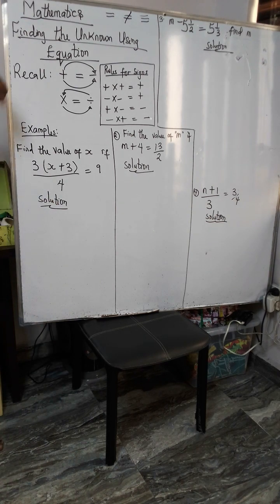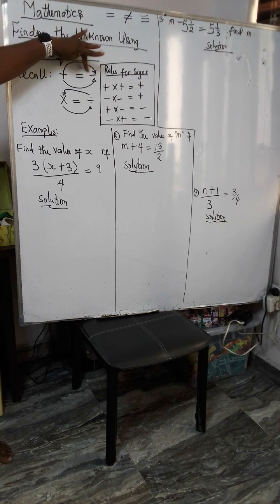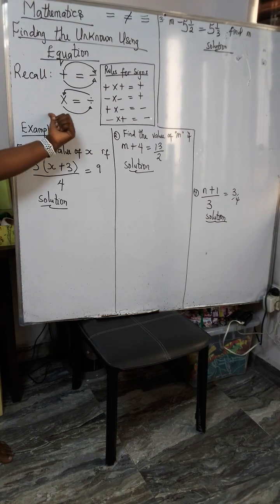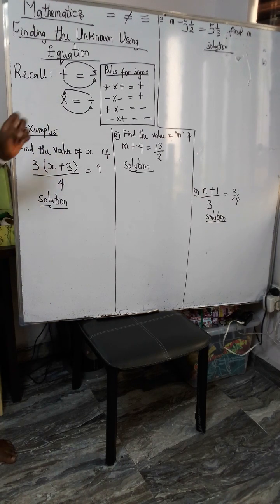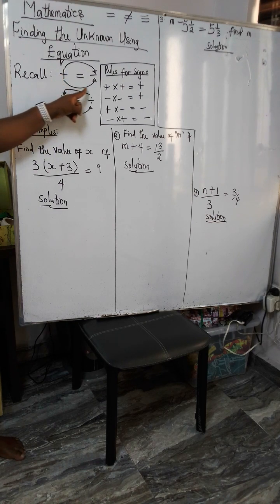Alright. So these are the things I want us to take note of. These are the 4 basic operations we carry out in mathematics: addition, subtraction, division, and multiplication. And they are telling us something. You see this arrow.